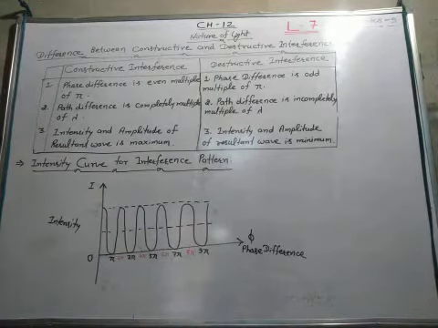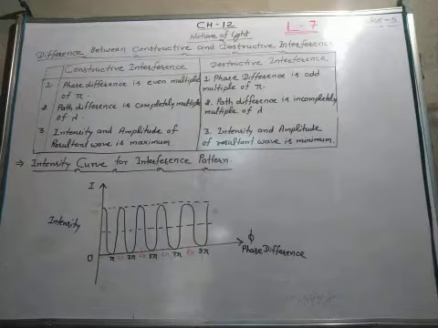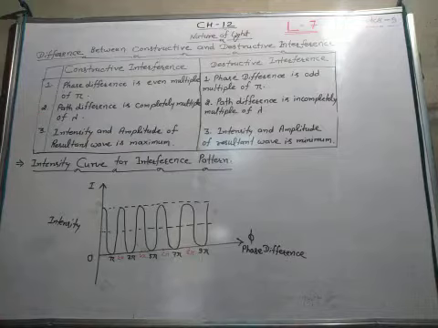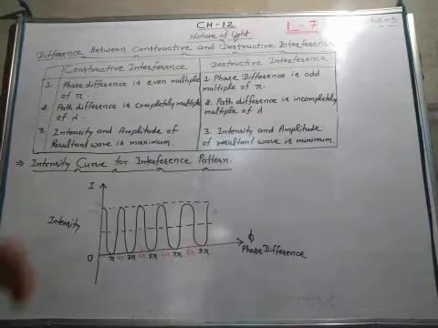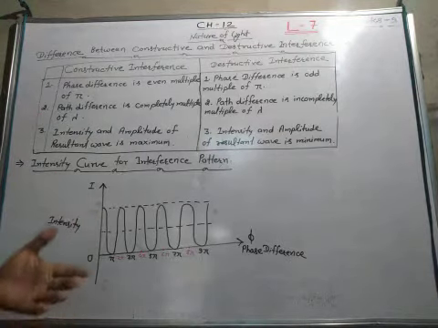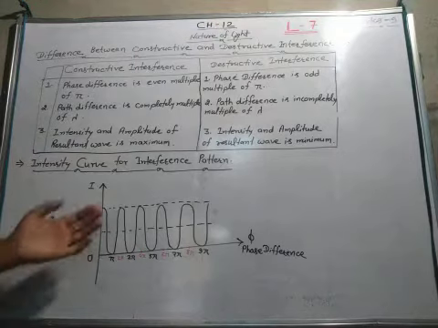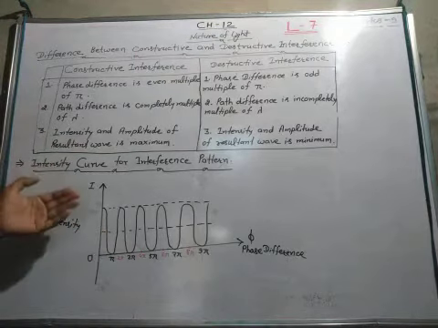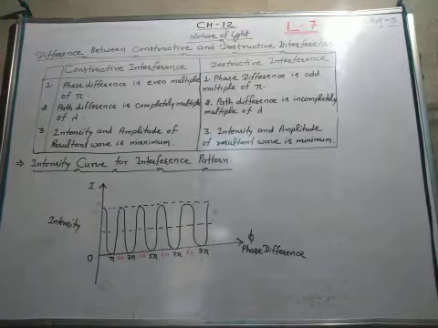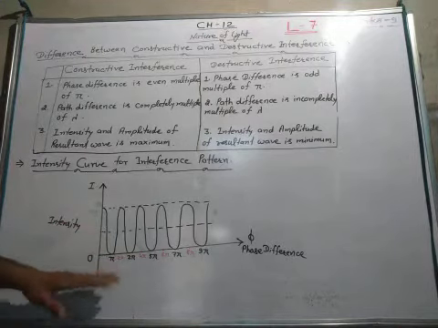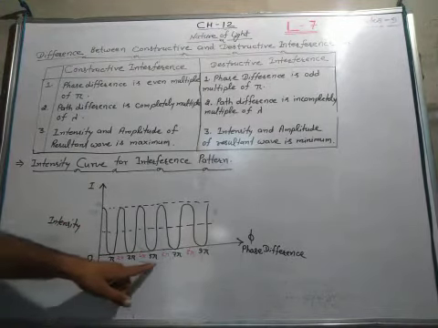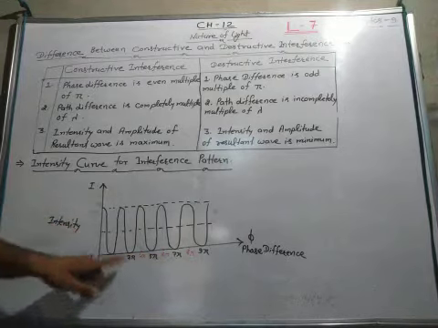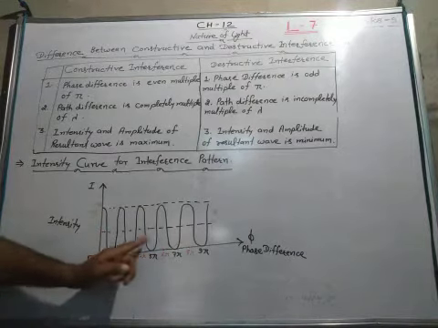Okay, this is the intensity curve for the interference pattern, or we can also call it the intensity distribution curve. In this curve, if the phase difference is an odd multiple of pi, then intensity will be minimum.